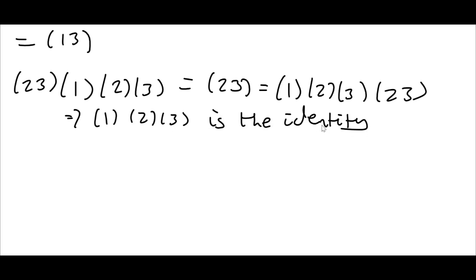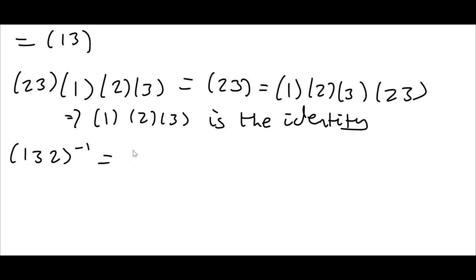So if we're looking to find a way of finding inverses, the inverse of an element x is the element that multiplies with x on both sides to give the identity. Let's take the example of (1 3 2), and we want to find the inverse of this.